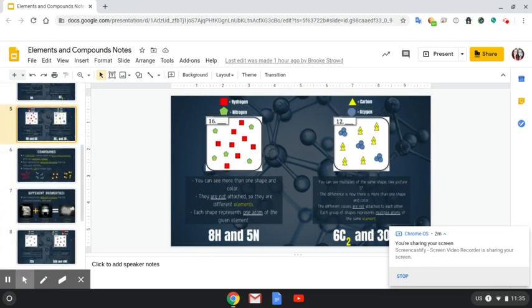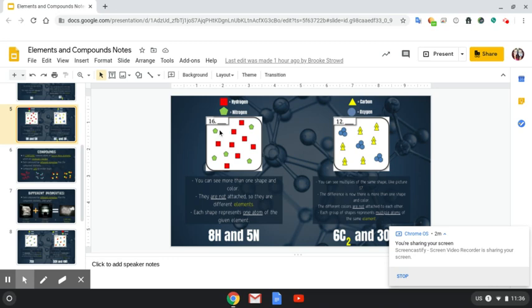Let's go on to some more examples. So we can see that there are multiple shapes and multiple colors. So our square is hydrogen, and I don't know what that is. Is that a pentagon, a hexagon? I was never good at shapes, but that's going to represent nitrogen. So they're not attached, so they are different elements.